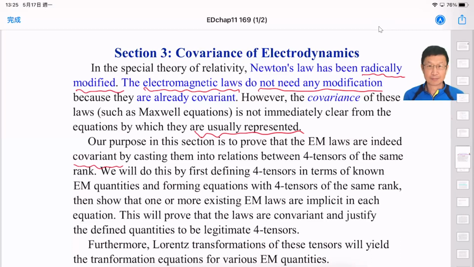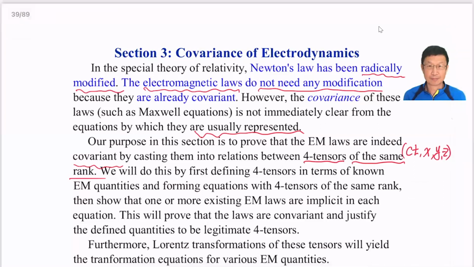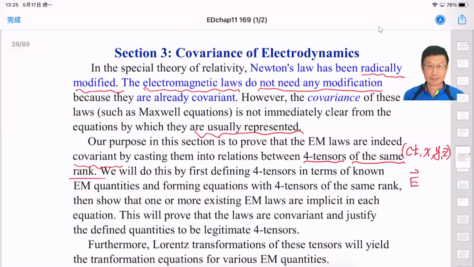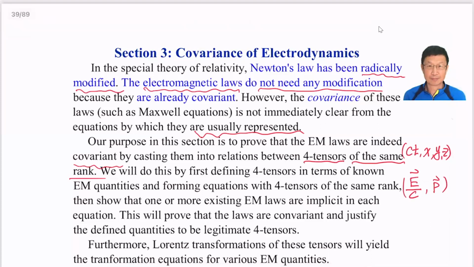We will cast them into relations between 4-tensors of the same rank. For example, ct, x, y, z is a 4-tensor of the first rank. How about others? For example, E over c and momentum is also a 4-tensor of the first rank.